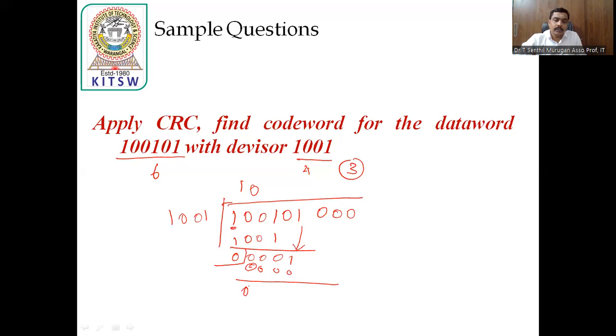Both are same means 0. Here 1, so it will be discarded. Then the next bit 0 will come, and like that we can identify the remainder. Whatever the data word is, these 6 bits plus whatever remainder we get at the end, that is added to the data word, and that is considered the code word.